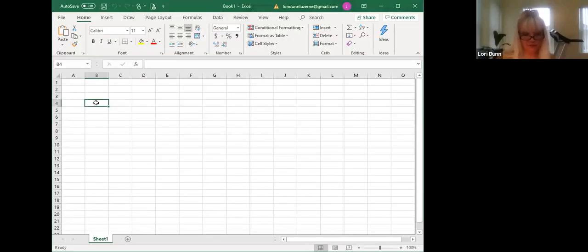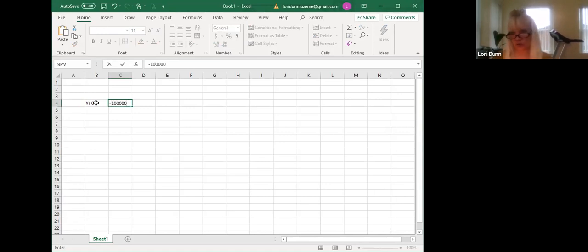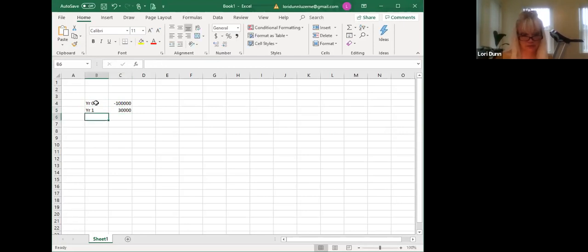Okay. So let's say in year 0, you have a project that you're thinking about taking on, and you have to expend $100,000 for the equipment related to it. And at year 1, you're going to use this equipment, and the positive cash flow that will come in at the end of year 1 is $30,000.